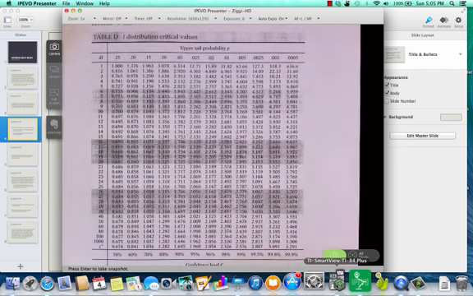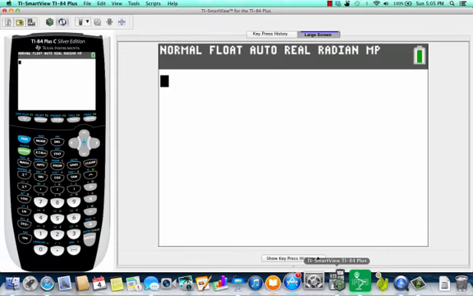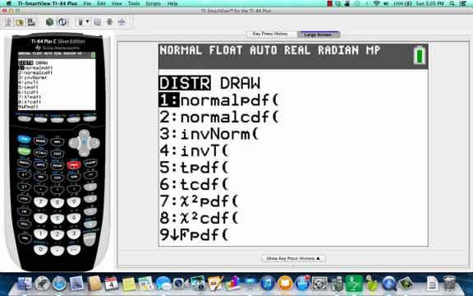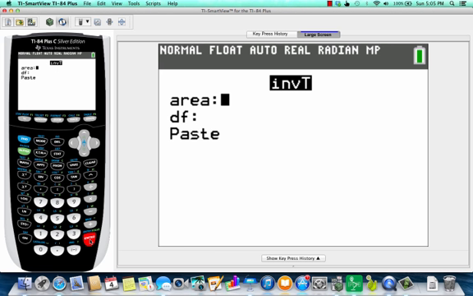Now, to show that in the calculator, we are going to use the inverse t function. So for that, we go to second distribution, and we're going to go to inverse t. The arguments we have to put in are first the area.